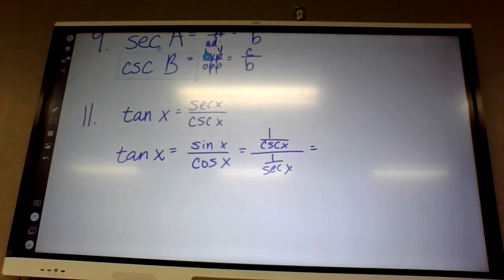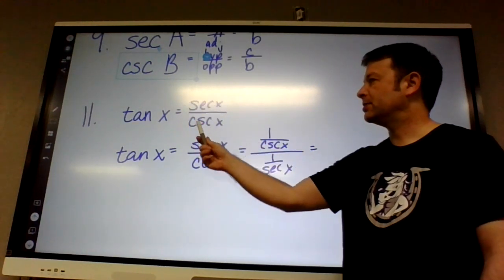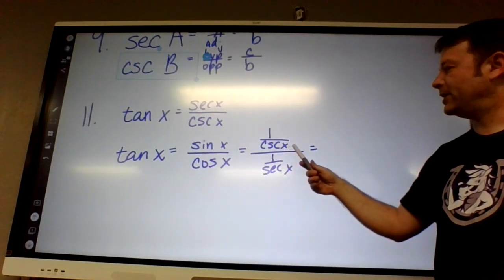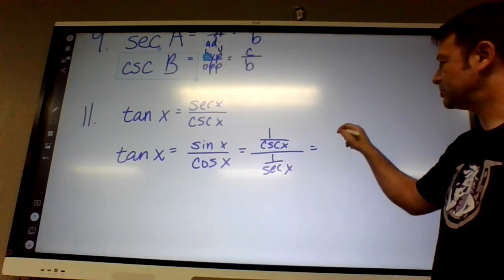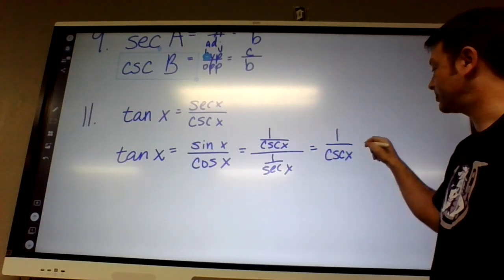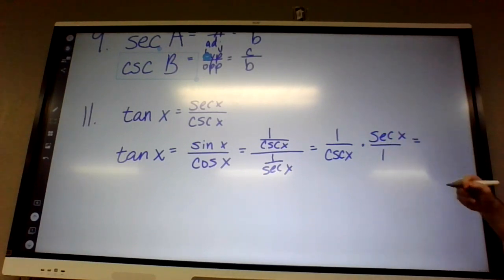So far so good. The reason I did that is because I'm looking at where we're going. How do you divide fractions? You flip the fraction you're dividing by and multiply. Right?